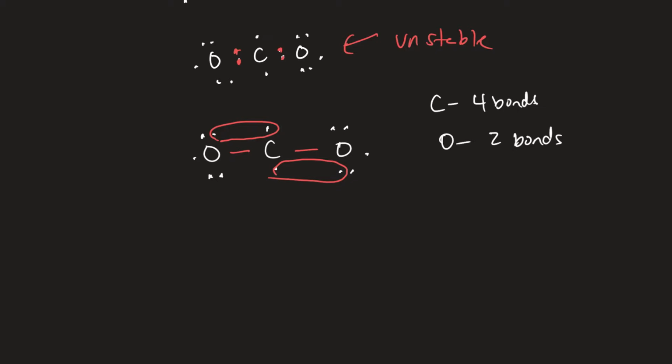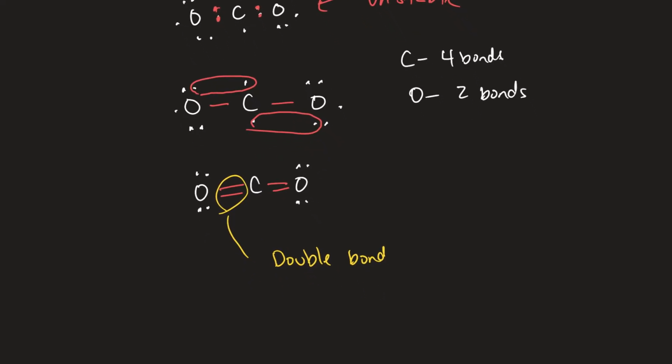You're going to have oxygen and the carbon, and they're going to share 2 sets of electrons. This is what we call a double bond. A double bond consists of 4 shared electrons. This must be the case in this molecule, because you only have 1 carbon attached to two oxygens.